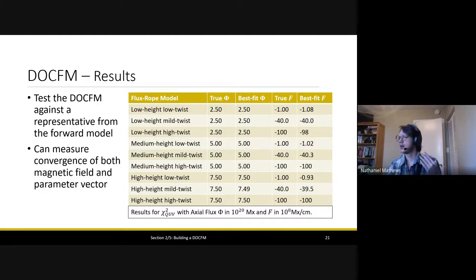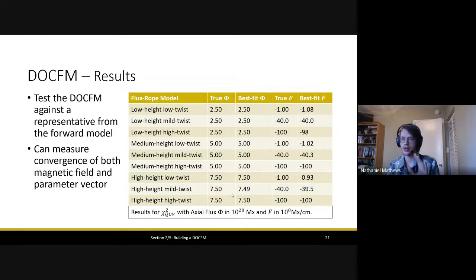In particular, we note that these were some of our true values. We did it for 9 different true flux ropes, with different axial and poloidal fluxes. We find that we can recover the axial flux very well. The poloidal flux we can't recover quite as well, but it's still very close.